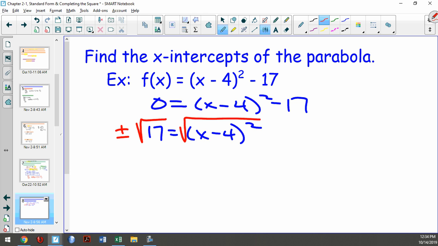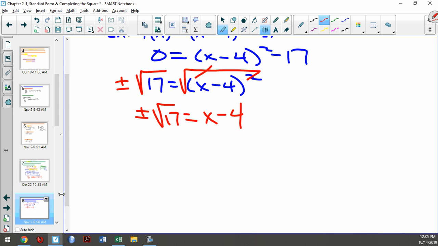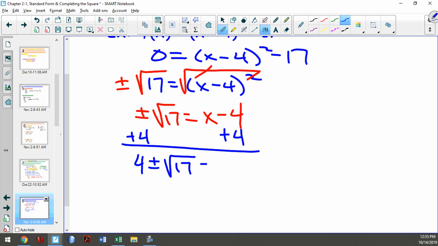And the reason why is because I'm canceling out a power of 2, and a quadratic means it's degree 2, which means I should have 2 x-intercepts. Do we understand that? So I have plus or minus the square root of 17 is equal to x minus 4. Now what? Add 4. 4 plus or minus the square root of 17 is equal to x.